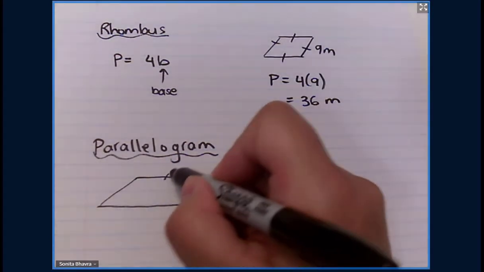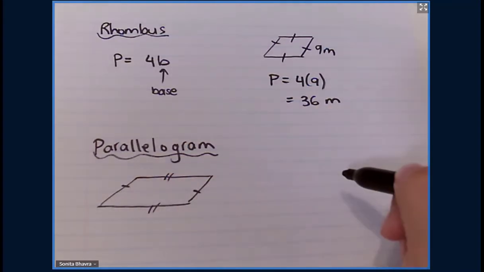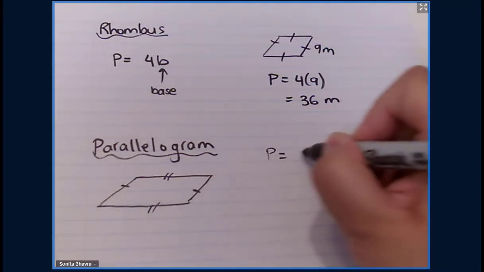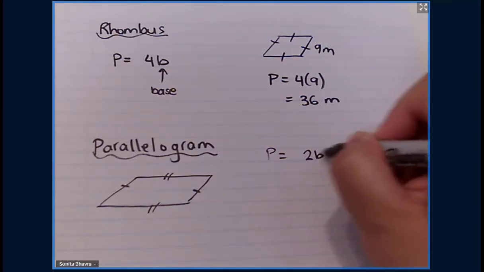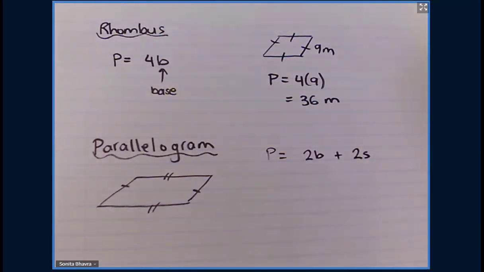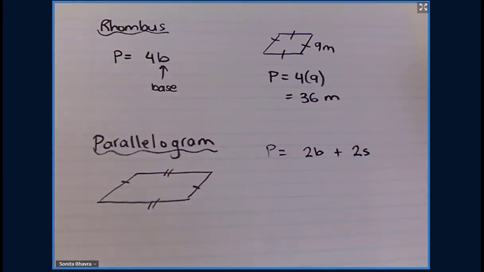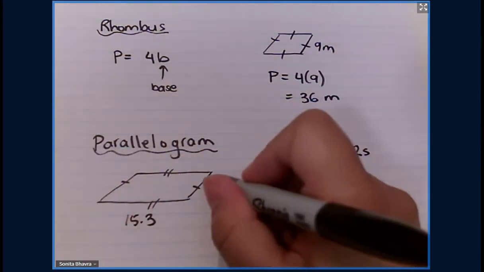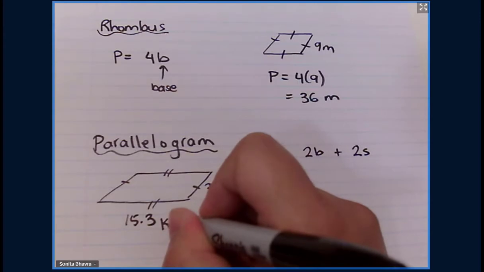These two sides are the same, and these two sides are the same. The formula for a parallelogram is P equals 2B plus 2S. Base and side, that's what the B and the S represent. So let's say here we're given 15.3 and 3.1 kilometers.